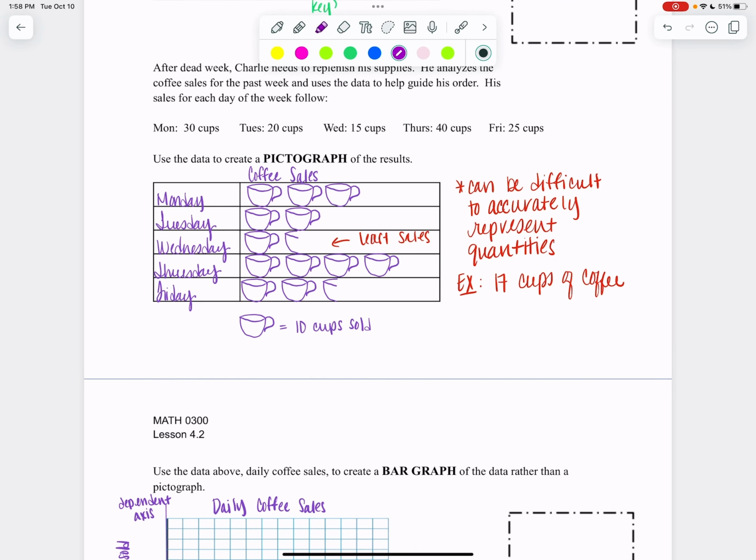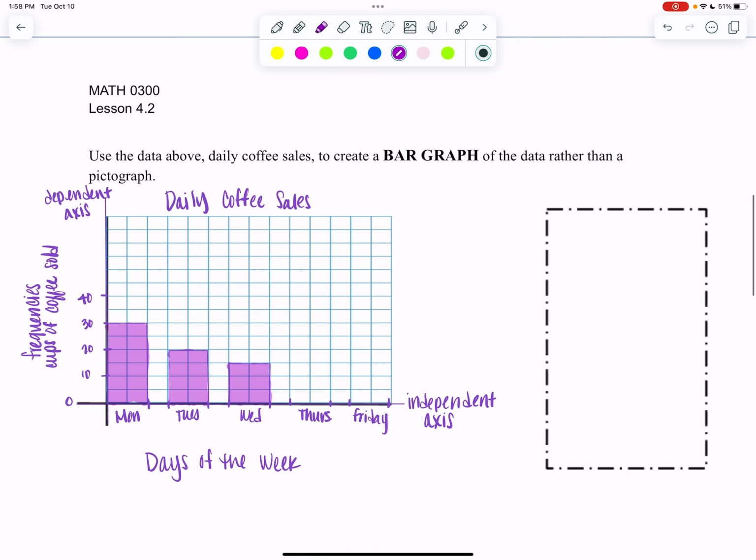Thursday was our big one. That one was 40. And if you don't have graph paper to do this on, don't sweat it. Do the best you can with what you've got.